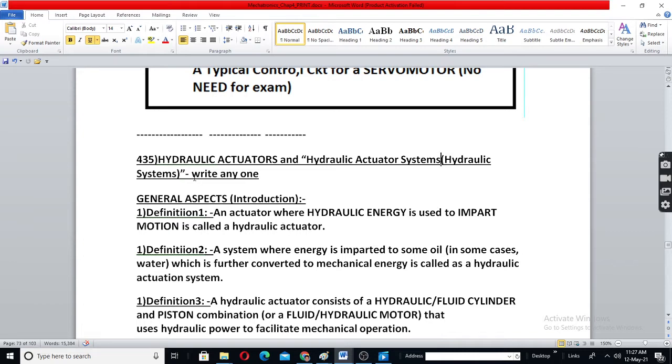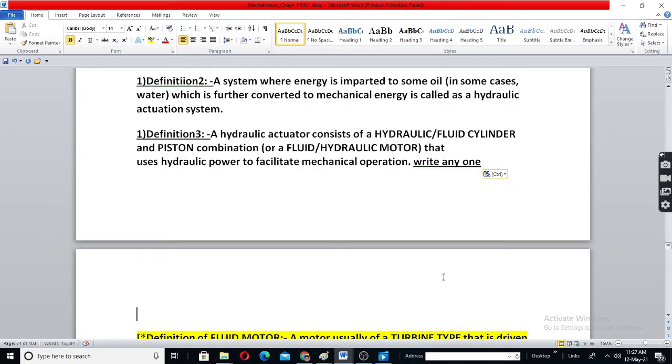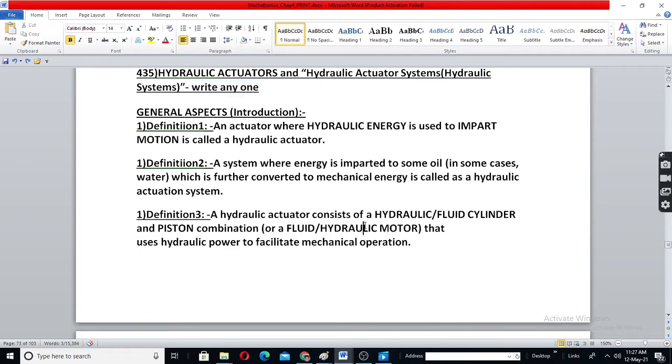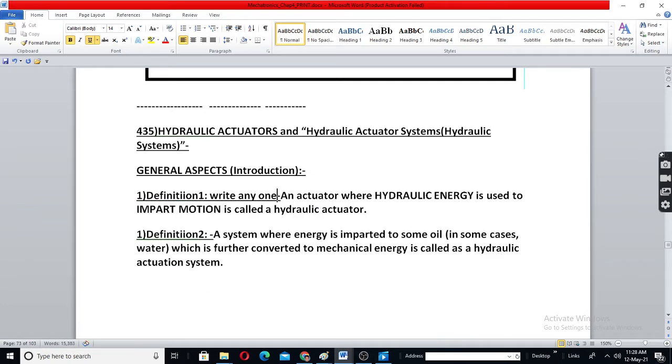So, definitions you can write anyone. Now, hydraulic actuator means an actuator which has hydraulic energy as the energy used to impart motion.